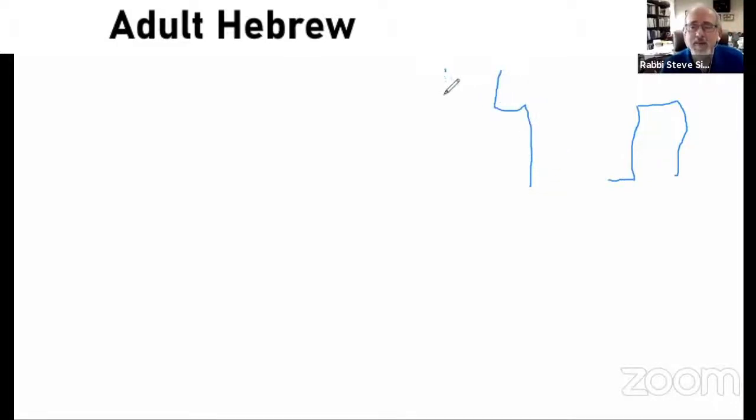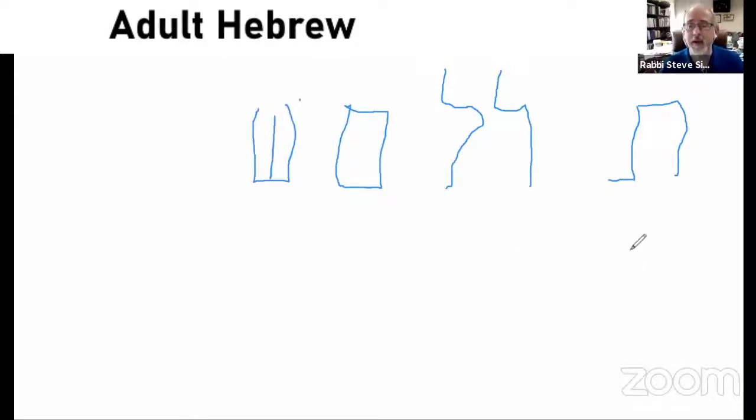Sometimes it's formed that way, okay? Tav, that's the lamed. Here's the final mem. Here's the shin, undecorated, here's the dot. Here's the chaf. Here's the resh. Here's the final chaf.